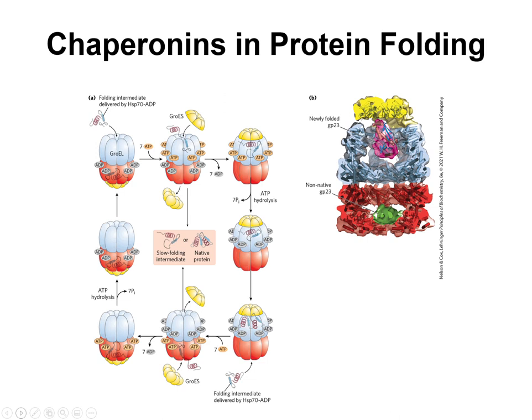So on the left, for part A of this figure, we're looking at GroEL and GroES. So this is bacterial. And what happens is you have essentially what looks like a cylinder that's made of two parts. You've got GroEL and then a cap that's GroES.